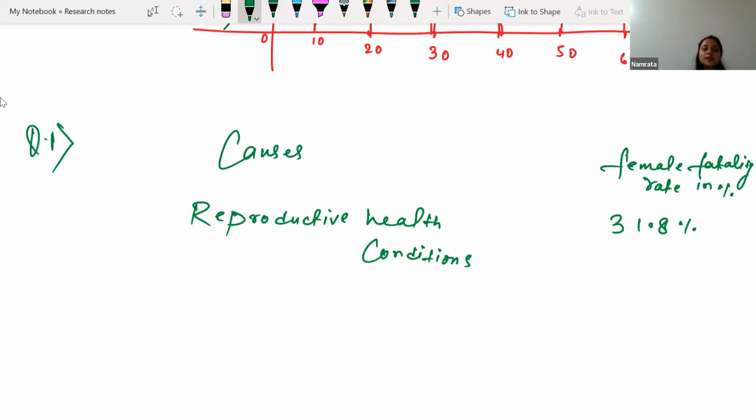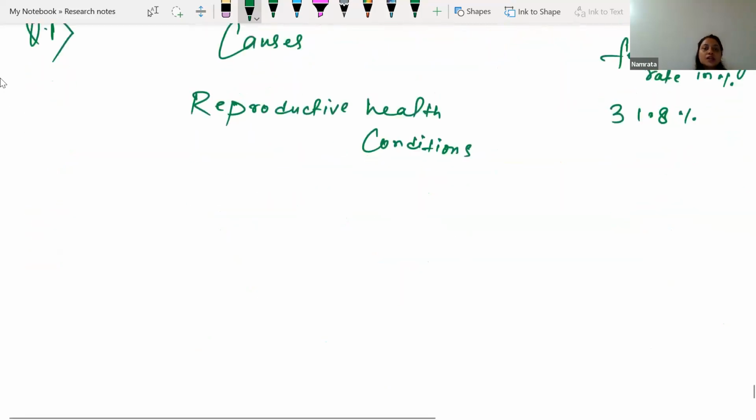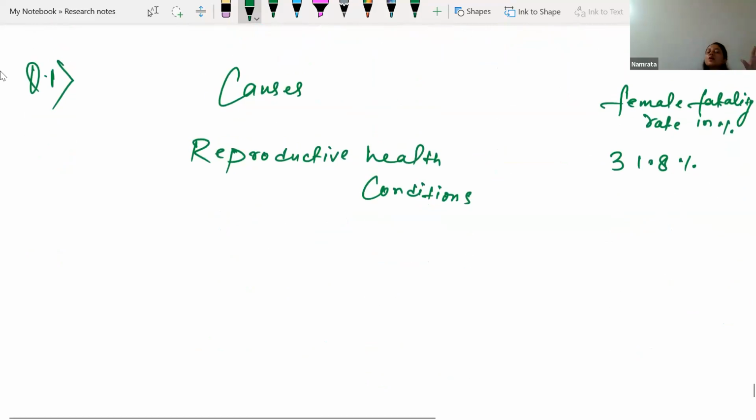But we will only be writing the numbers. All the numbers are in percentage only. So these are the causes. Due to these causes, this much female fatality rate is there, like how many females are not surviving.